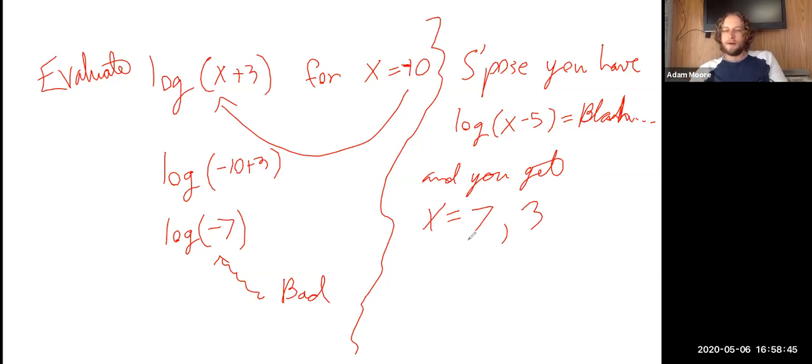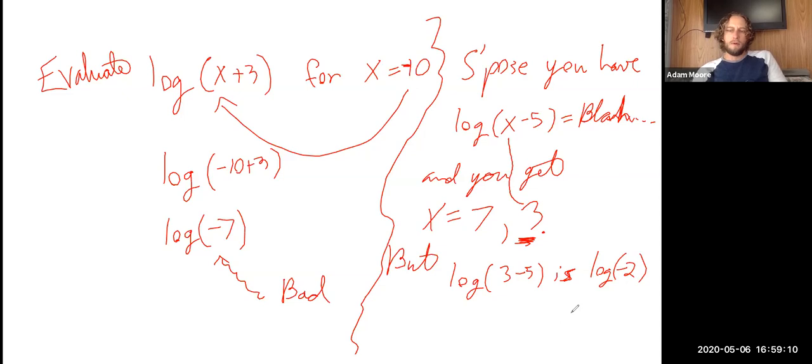If you plug that 3 in for the x, log of 3 minus 5, that's bad news. That is log of negative 2.